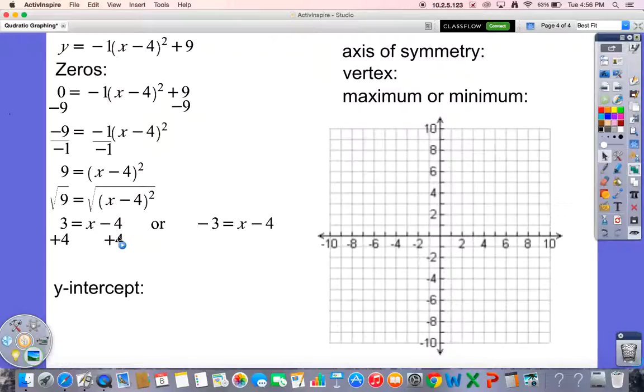I'm going to add 4 to both sides, and 7 equals x. Looking at the second equation, undoing the subtract 4, I'm going to add 4 to both sides. My result, 1 equals x. My two zeros are (7, 0) and (1, 0).